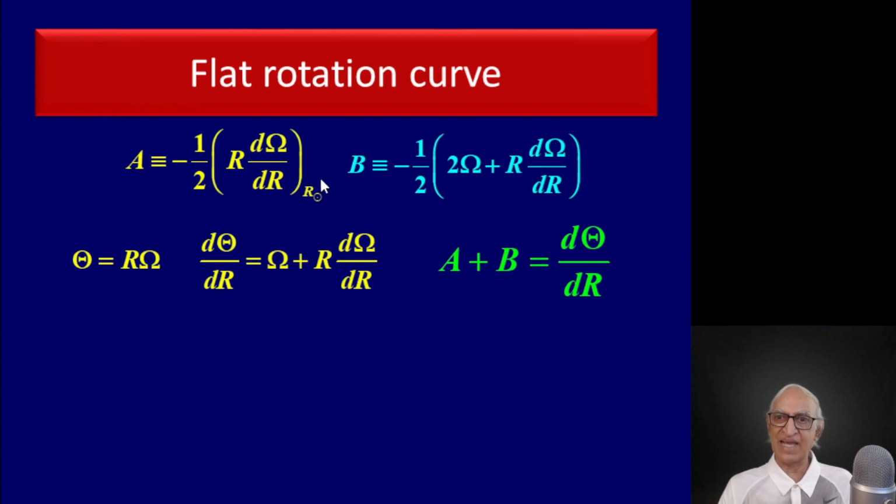But if we add A and B and not subtract A and B, then because of the minus sign, the second term cancels out. So A plus B is simply d theta by dr. I've used this identity over there.